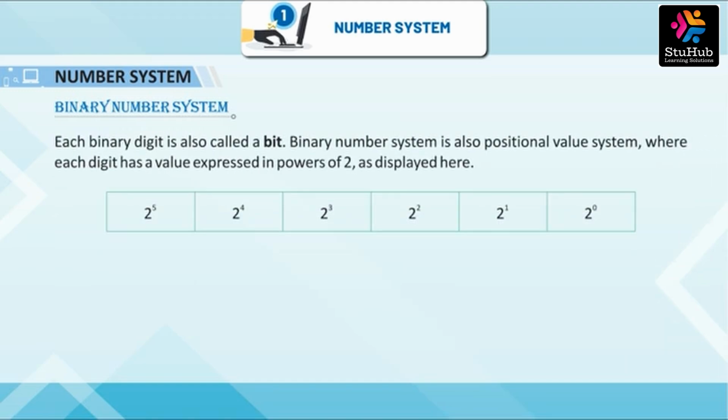Binary number system is also a positional value system where each digit has a value expressed in powers of 2 as displayed here. 2 to the power 5, 2 to the power 4, 2 to the power 3, 2 to the power 2, 2 to the power 1, 2 to the power 0.